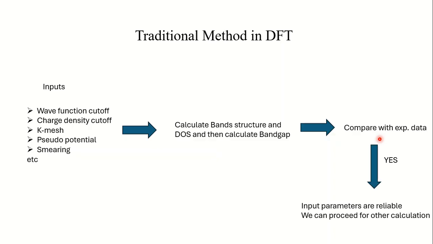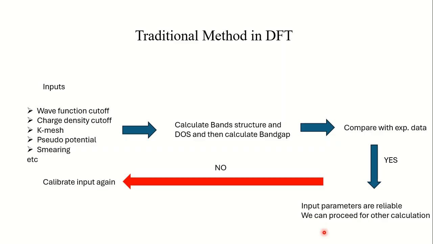So if it is matching, like there is very little difference between both, then the input parameters are reliable and we can proceed for other calculations, like your calculation is okay, no problem. But if it does not match, then you have to calibrate your inputs again, and then calculate band structure and DOS again.